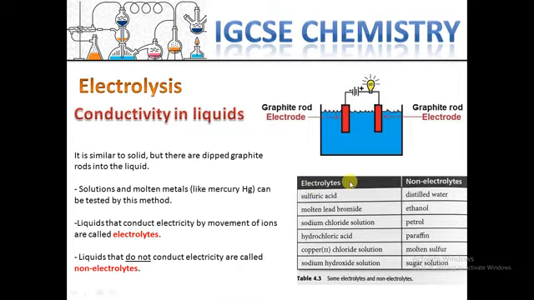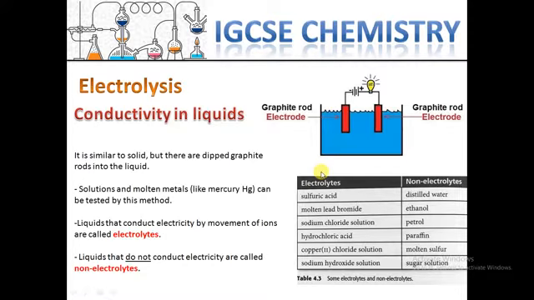But electrolytes like sulfuric acid make a connection between the electrodes, and there will be electricity through the wire.